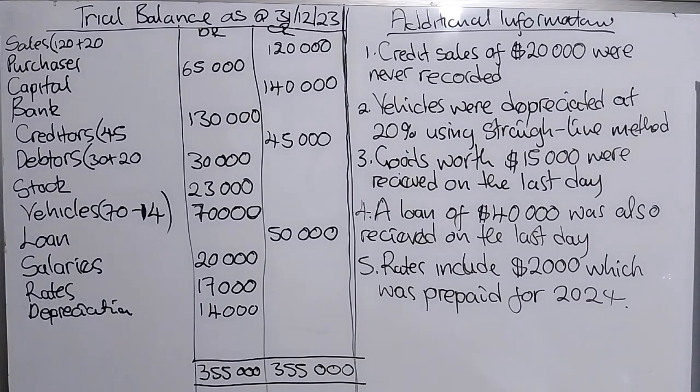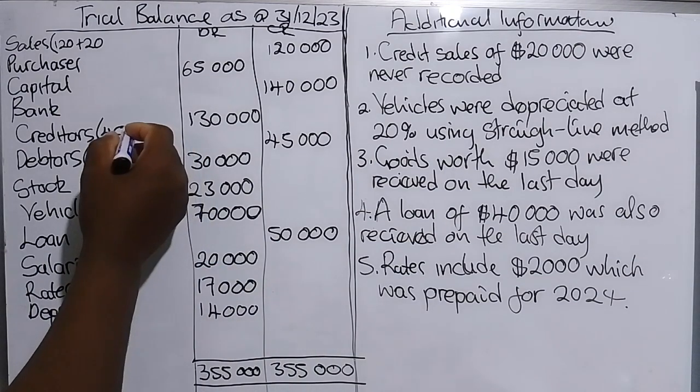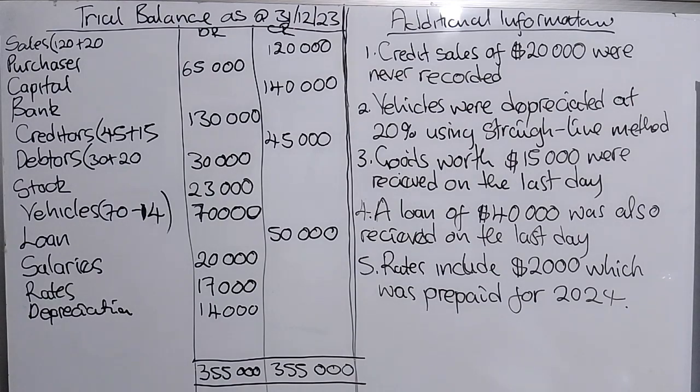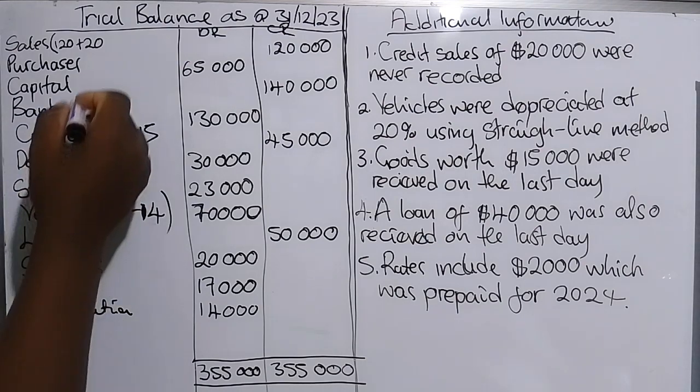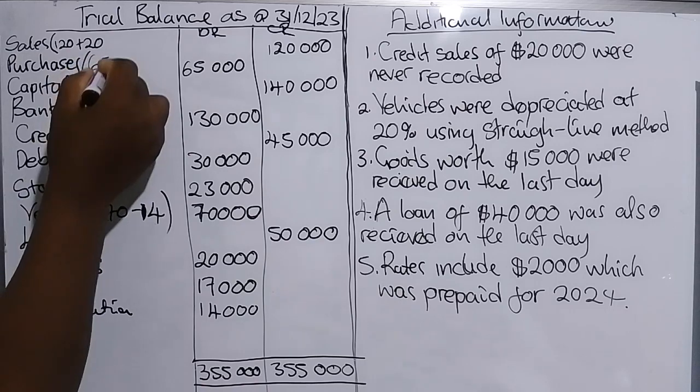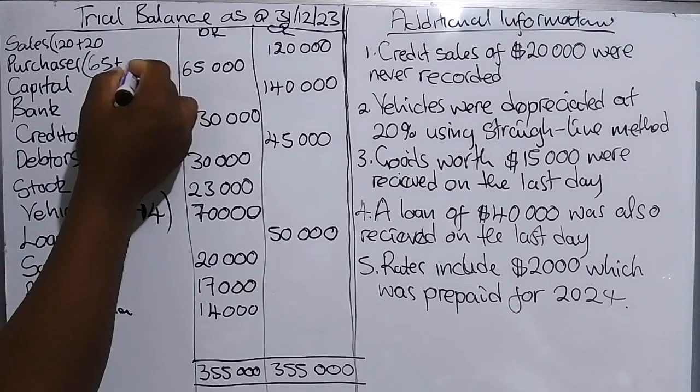We are going to increase them by 15,000. But to complete the double entry, we need to see which other account is being affected. We received the goods, which means we are going to have an increased number for purchases. We had 65,000 for purchases, then we increased by 15,000.